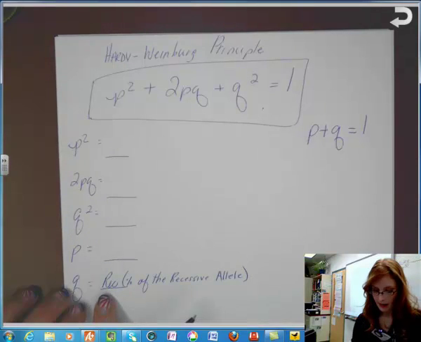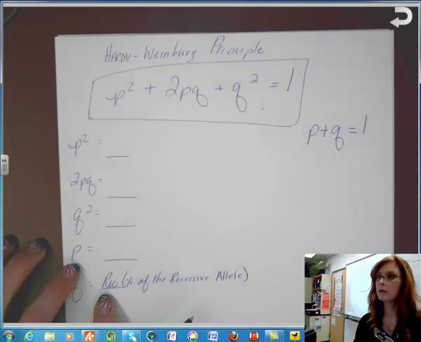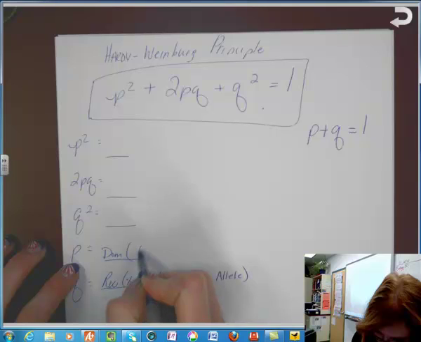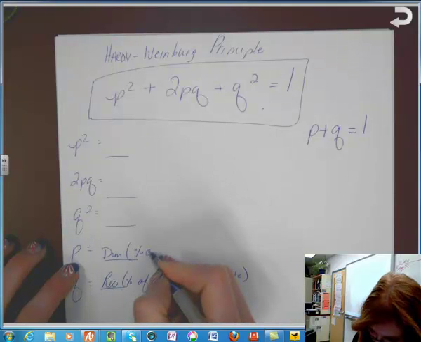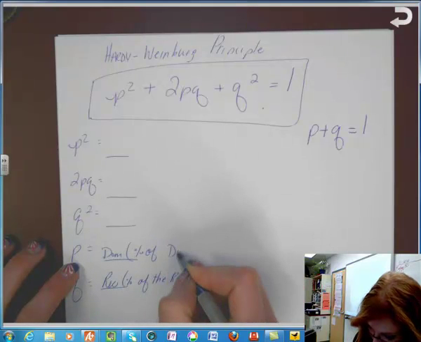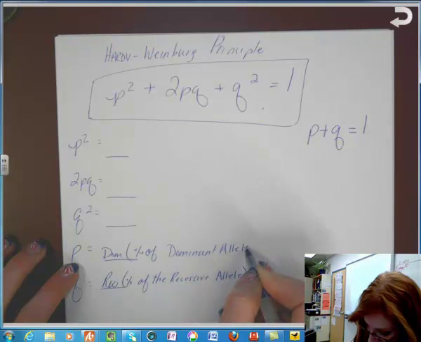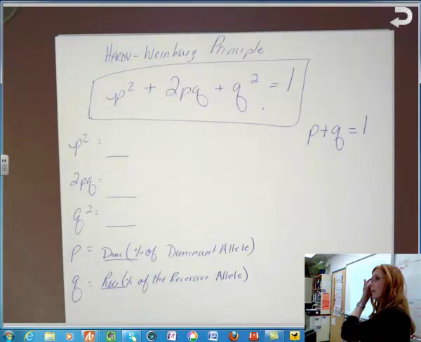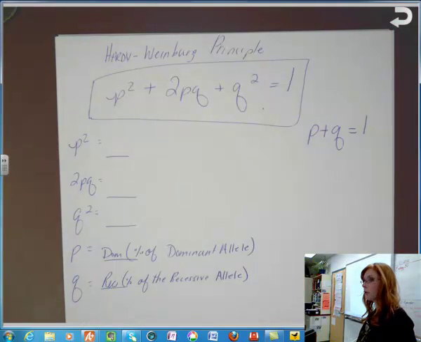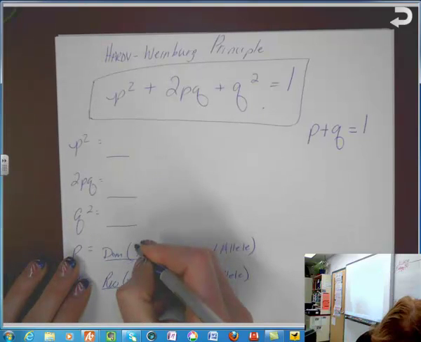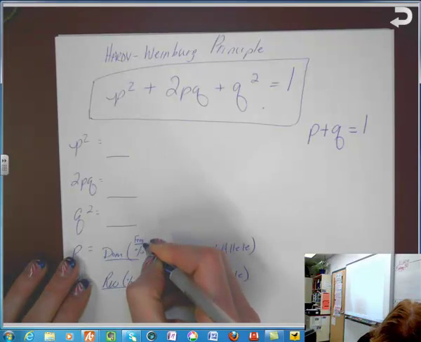If q is recessive, p is then dominant. And this is going to be the percentage of the dominant allele. Now, the only other word that you might hear associated with p and q, I could say, what is the frequency of the dominant allele, or what is the frequency of the recessive allele? So instead of percent, you might also see frequency.